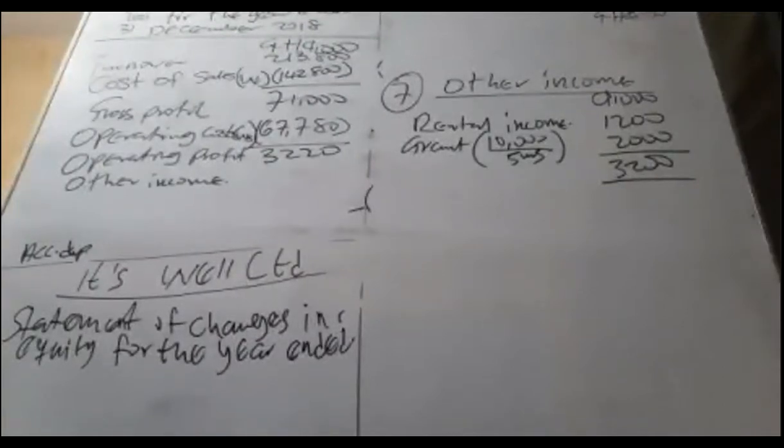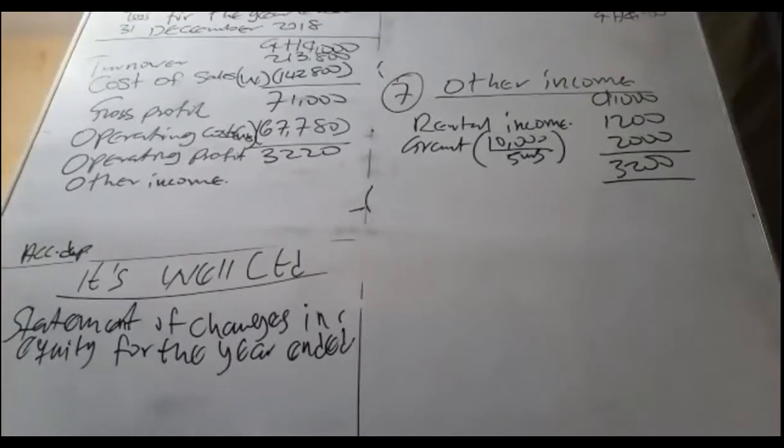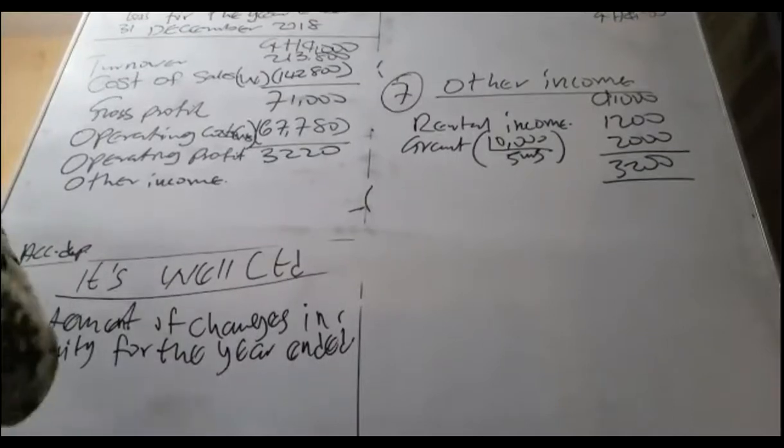There was a loss on disposal of 1,000. Agreed. So I'll bring that 1,000. Great. So 39,780 confirmed. So I'm getting 39.